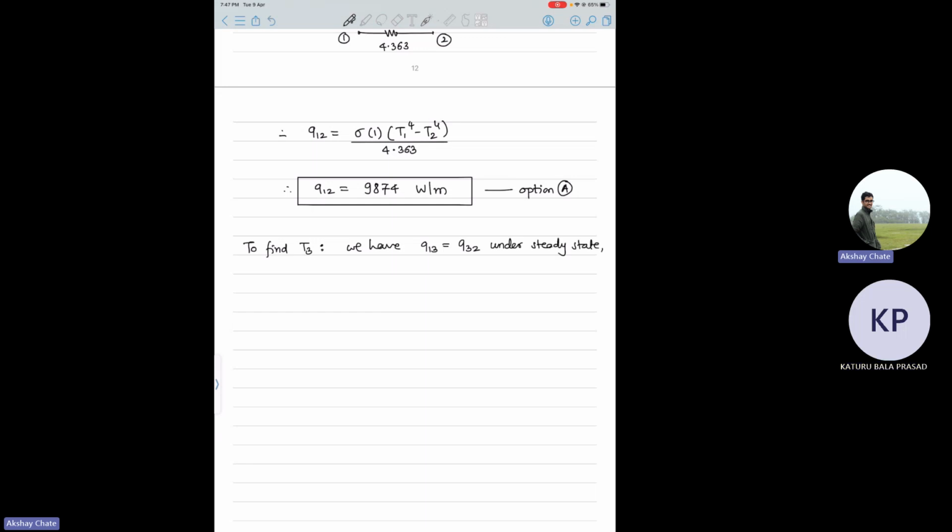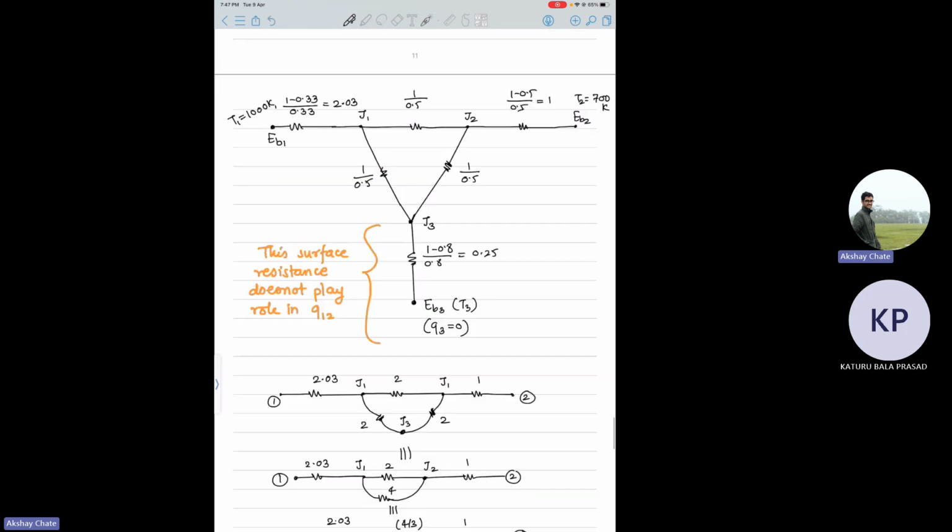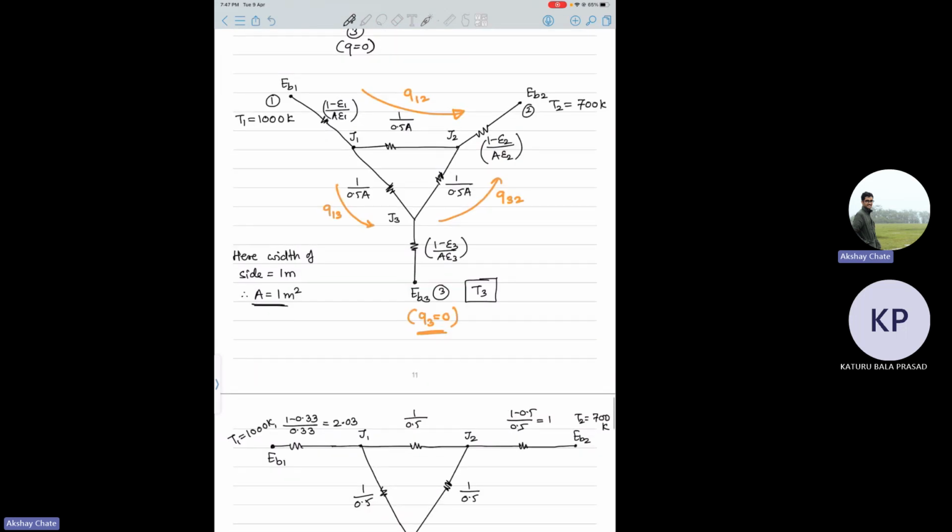So now you can write the expression for Q13. EB3 minus J1, EB3 minus J2.